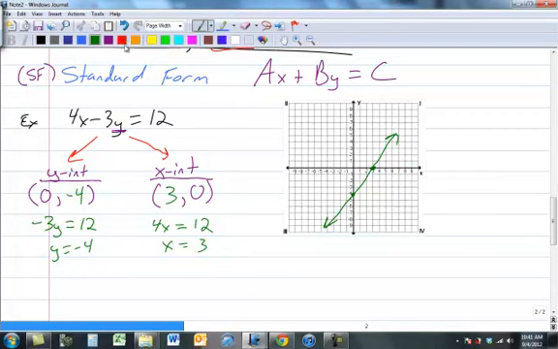And you can figure out the slope if you want to from these 2 points. Going from here, it rises up 4 and it runs 3. It's positive, so our slope goes up 4 over 3. Our slope is 4/3. If you need to figure out the slope, just graph it like this and then count it off.